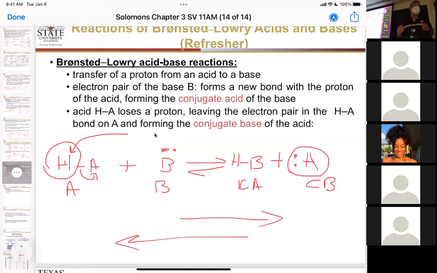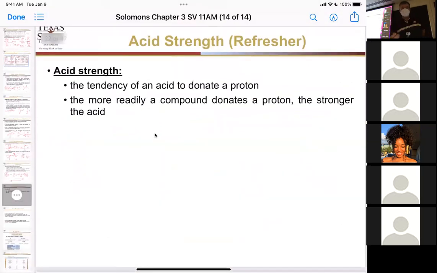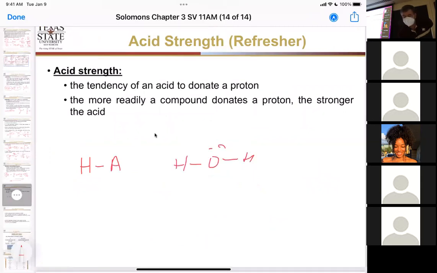So when we think about this, we have to think about stuff like, okay, if it's not going to do it equally or it's not going to do it all the way, we now have to think about it as, if I'm willing to give my proton away, and let's just use water right here.